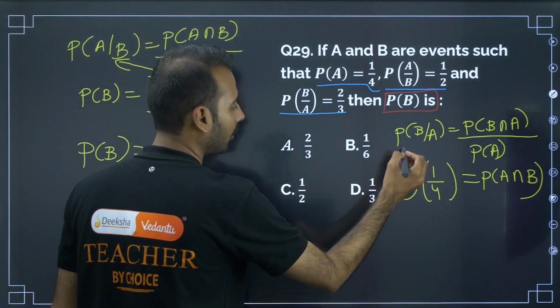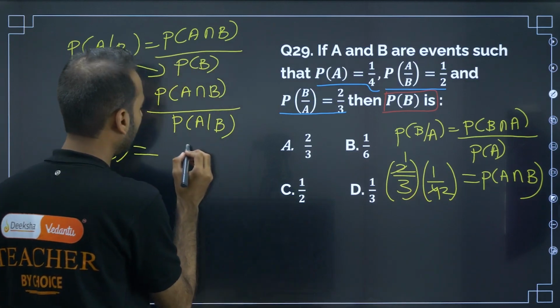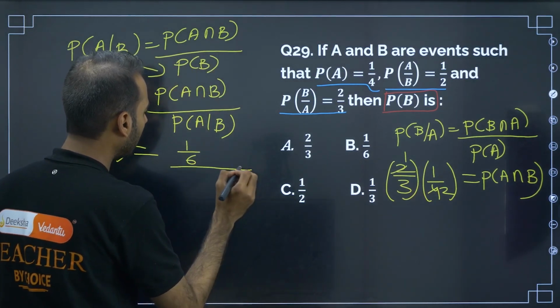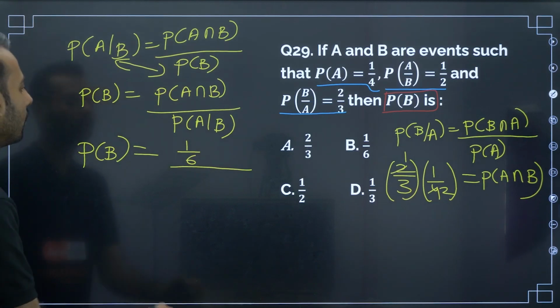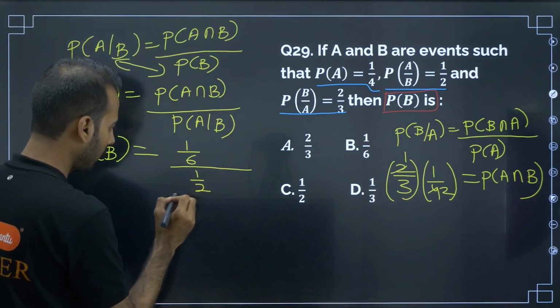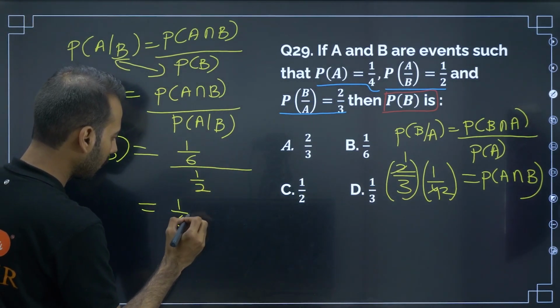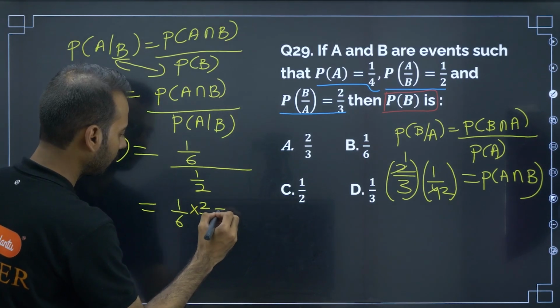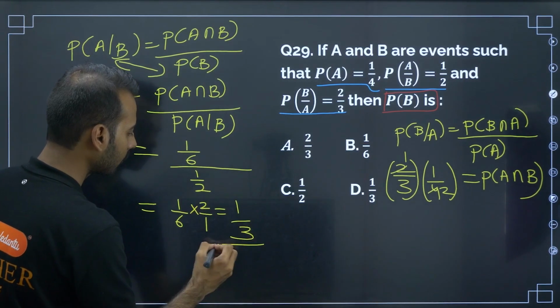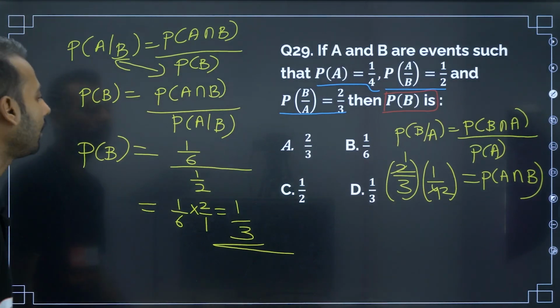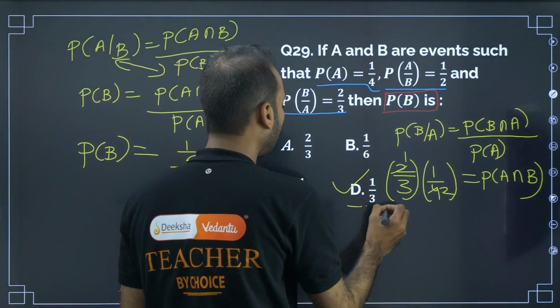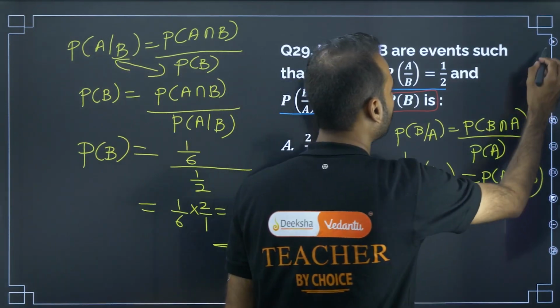If I cancel this, 1 by 2, 1 by 6, I will get 1 by 6. Probability of A given B is, so 1 by 6 divided by 2 by 1. Probability of B is 1 by 3. So answer is D. Moving on to next question.